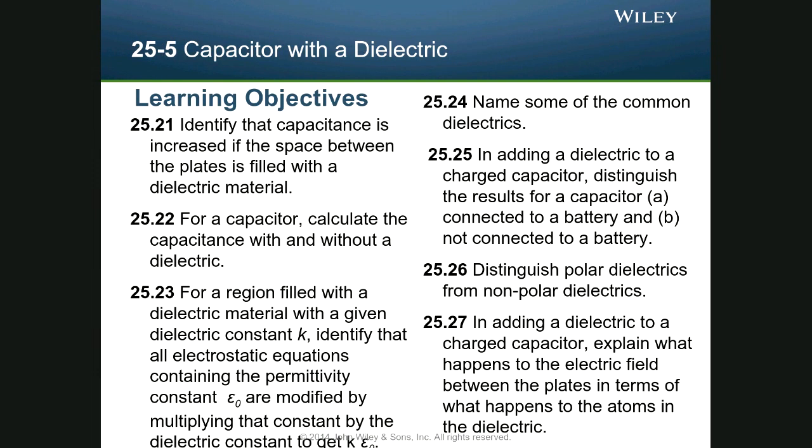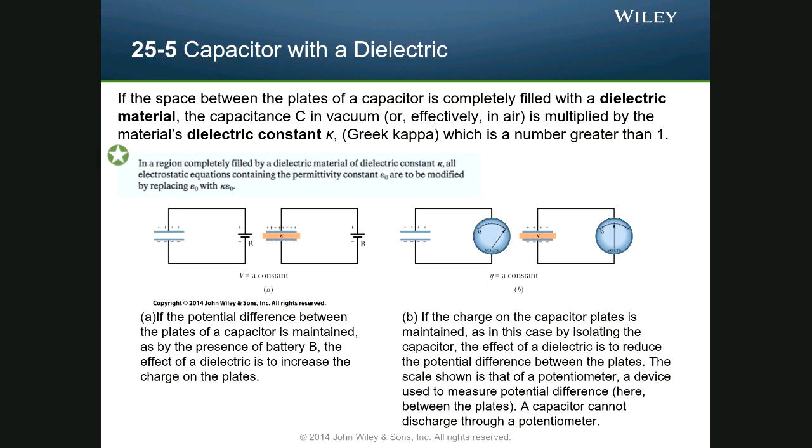Okay, so now we get to capacitors with a dielectric. A dielectric is just something you slap in. The capacitors we've looked at all have nothing in them, basically a vacuum or air, and so the dielectric constant is 1.